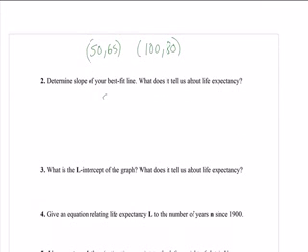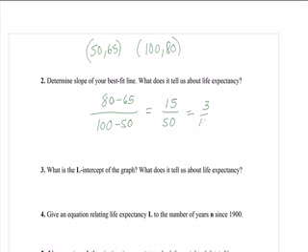So finding the slope, 80 minus 65 over 100 minus 50. So we get, what is that? 15 over 50. Very good. 3/10. Then it says, what does it tell us about life expectancy? Every 3 years, the life expectancy goes up about 10 years. Okay, what did Y represent?